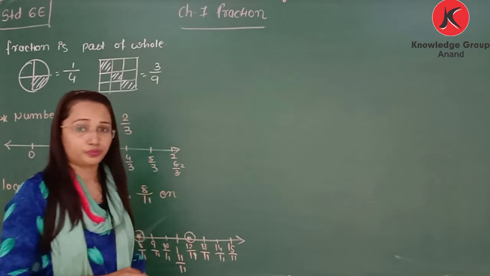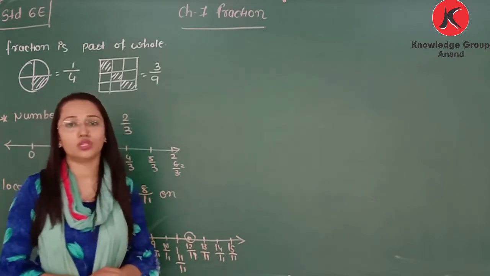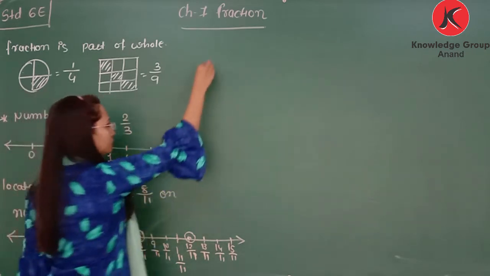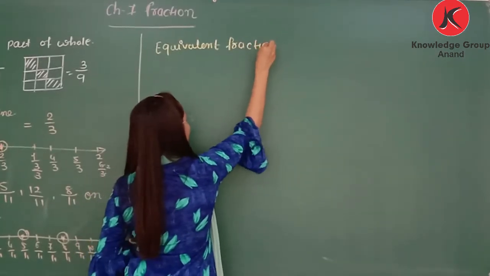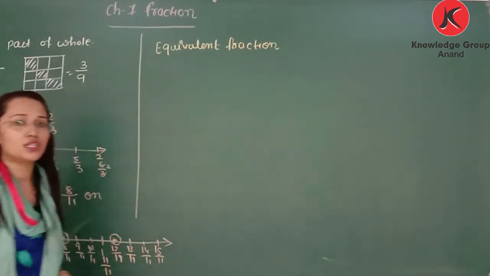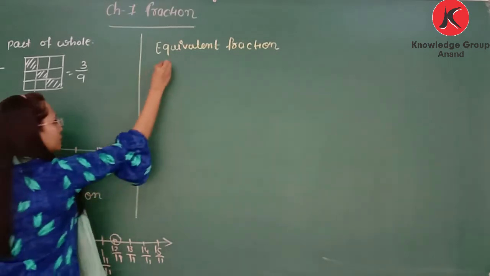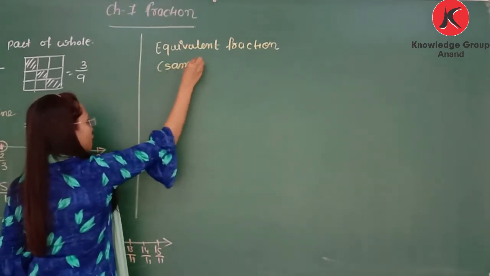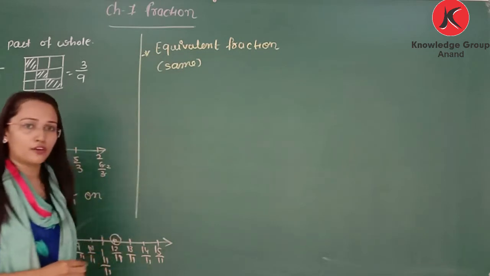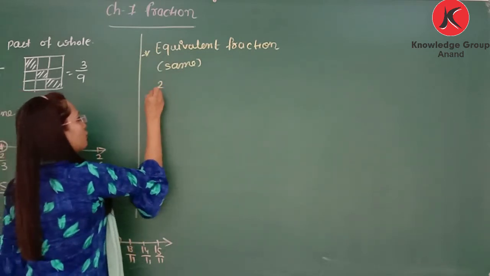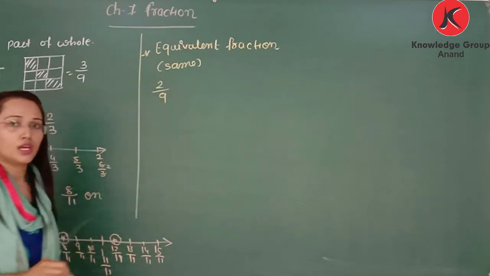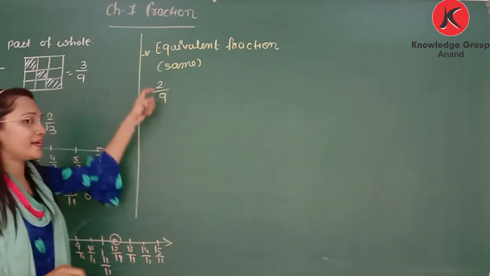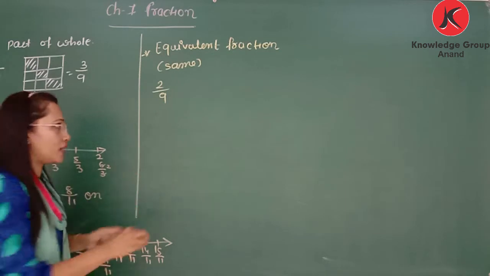After that, we learn about equivalent fractions. Now, equivalent fraction means fractions that represent the same value. We can get an equivalent fraction, if we want to find an equivalent fraction of 2 by 9, by multiplying the numerator and denominator with any number.